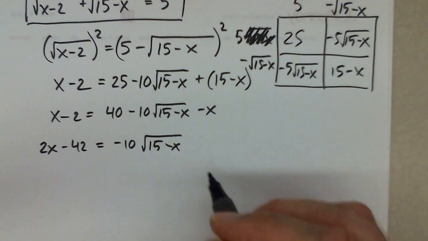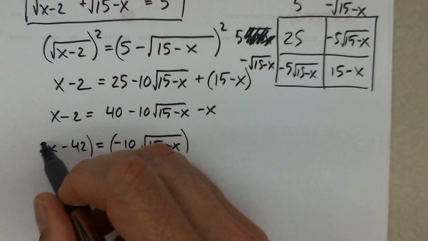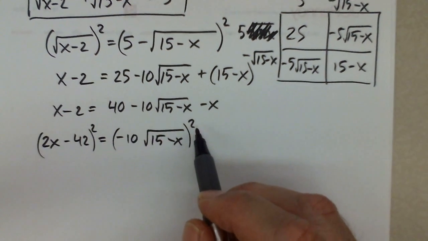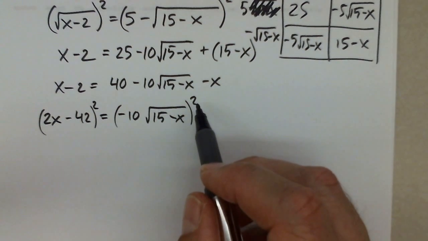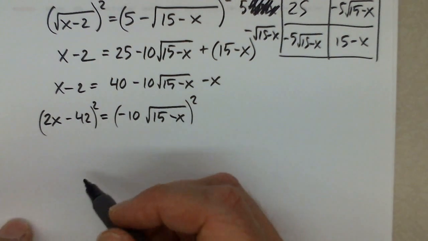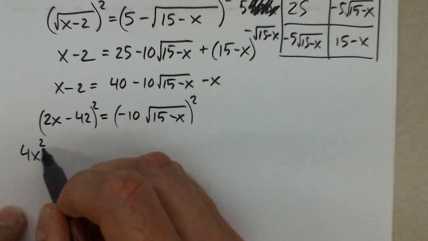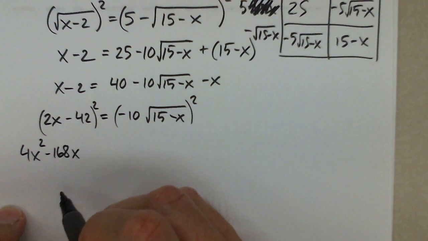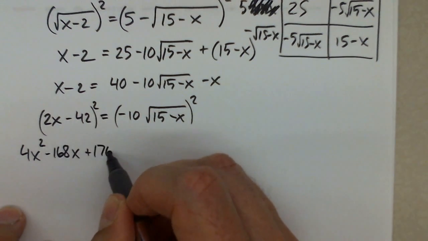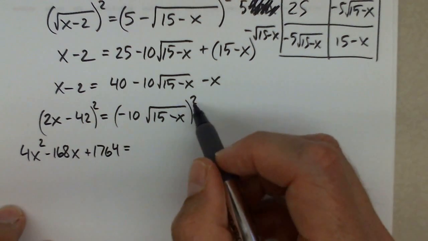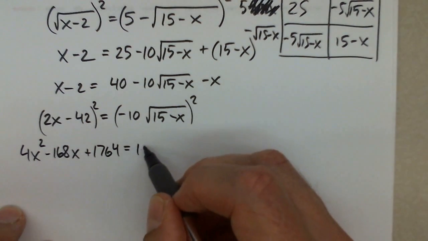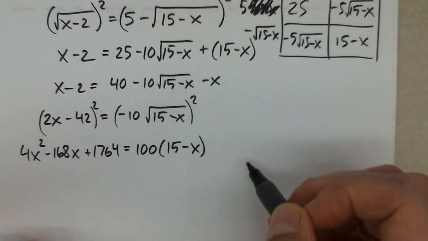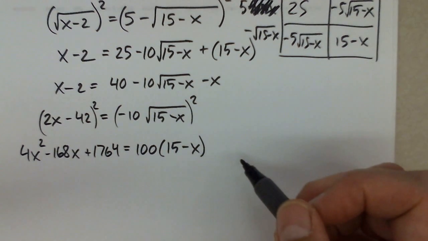Alright, then we'll square, because we don't want the radical, so we're going to do the inverse of square root. We're going to square the negative 10, we get 100, and then square the radical, and it goes away.